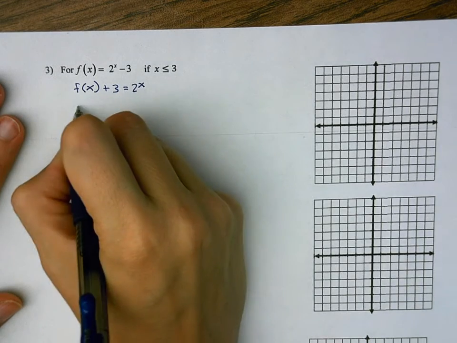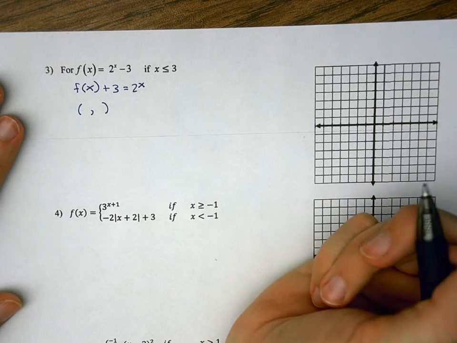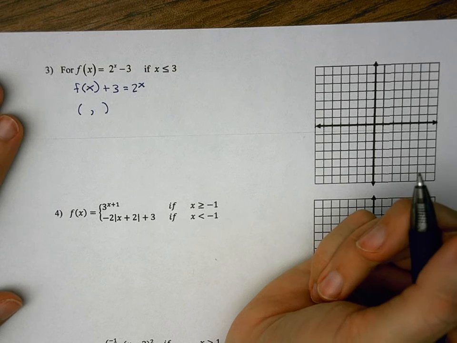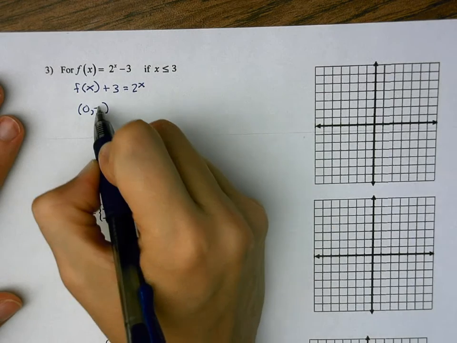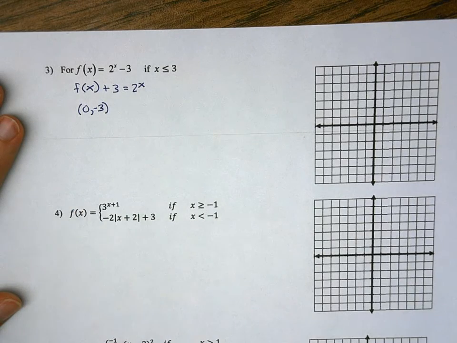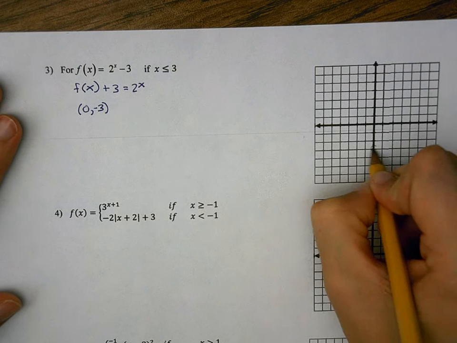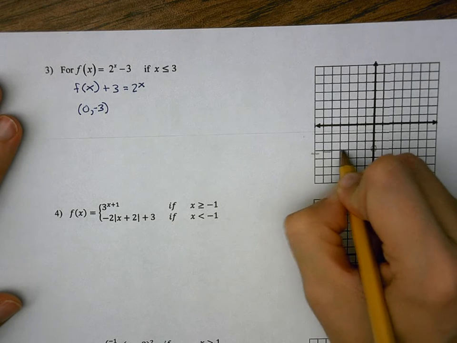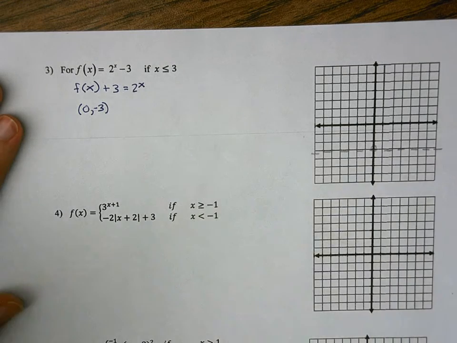And so then pulling out my starting point, which remember for an exponential is the asymptote. Where's my starting point? Okay, well, x would be 0, y would be negative 3. Okay, and remember I'm doing that light because I might end up erasing some of it. So let's go ahead and start with my asymptote here, 0, negative 3.